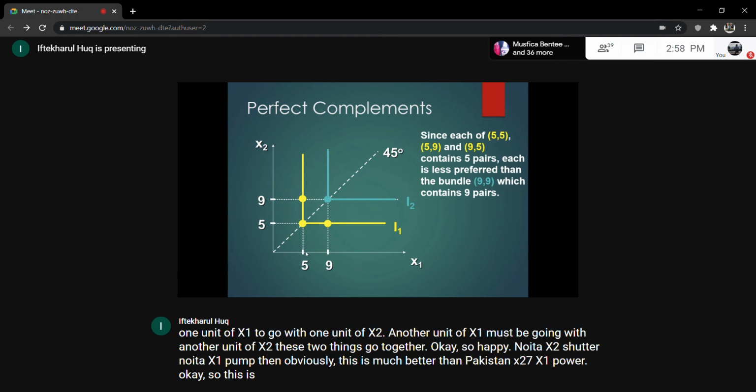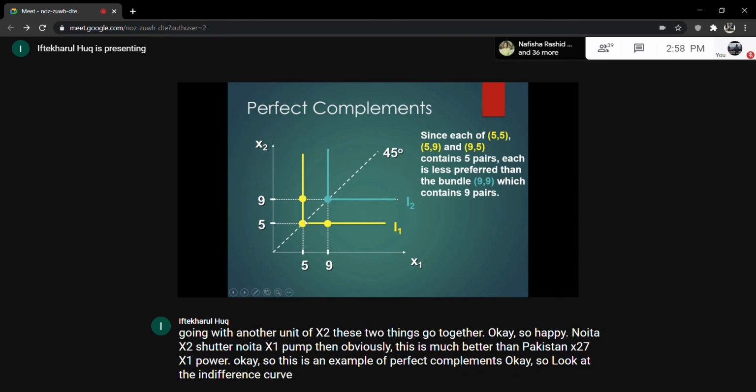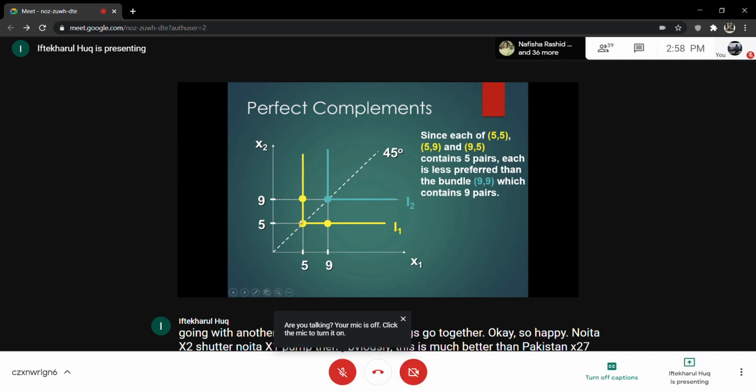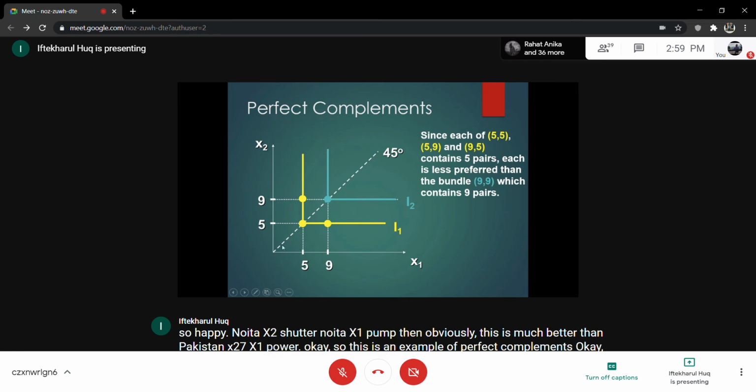Okay, so this is an example of perfect complements. Okay, so look at the indifference curve, extremely weird, it is L-shaped. Okay, so obviously আমি যদি উপরে আরো একটা আঁকি, I'm going to draw it like this. Now why am I drawing this 45-degree line?